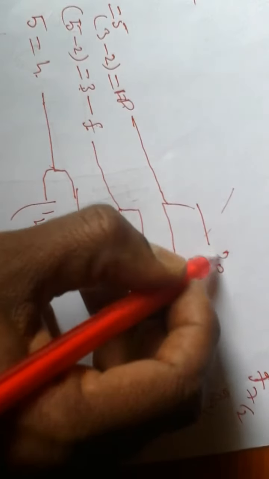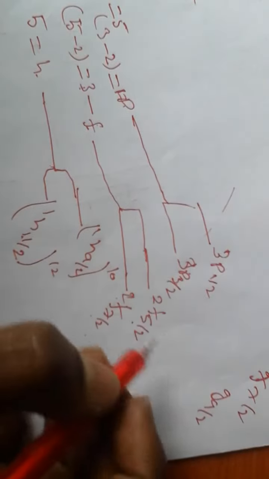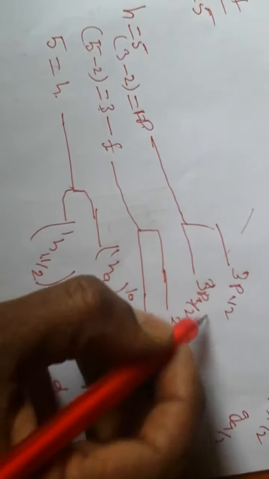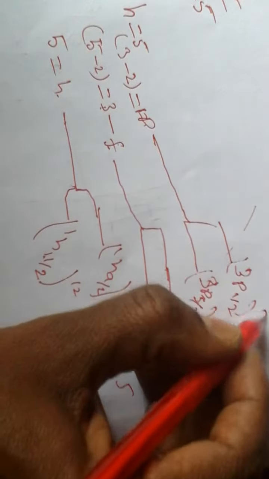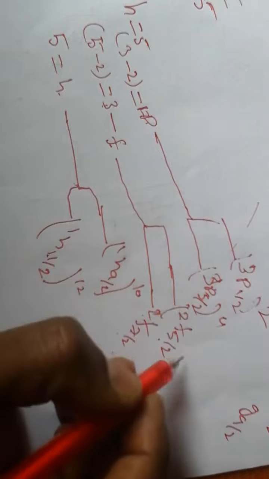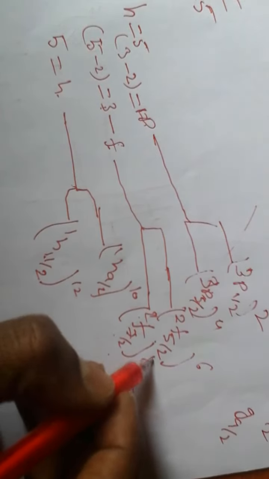Again another P is 3 by 2 minus 1, 1 by 2. So like this variation is present. Power 4, this power 2, this power 6, this power 7 means 8.